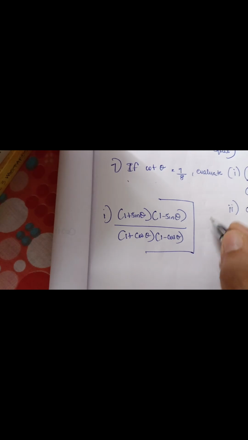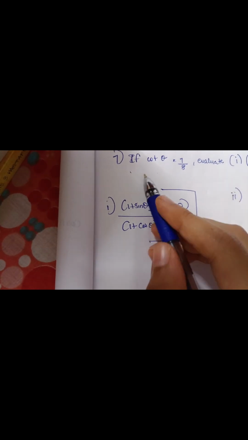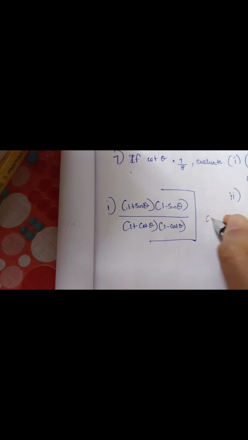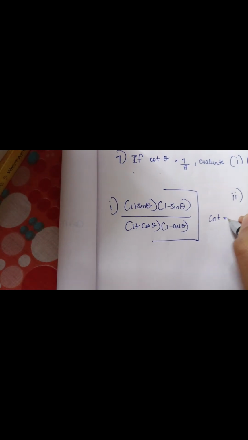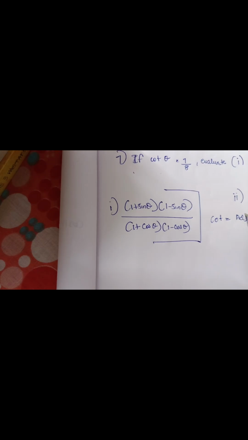So to find this, first we can take the given information that cot theta is 7 by 8. So cot is the reciprocal of tan. Tan is opposite by adjacent, so this is adjacent by opposite.